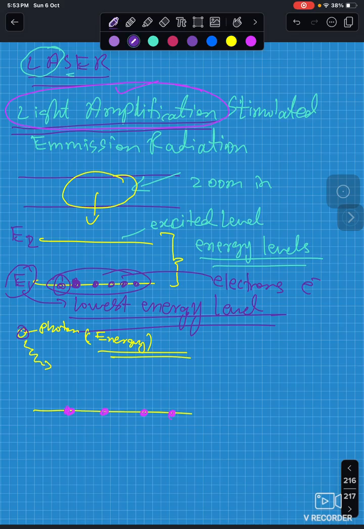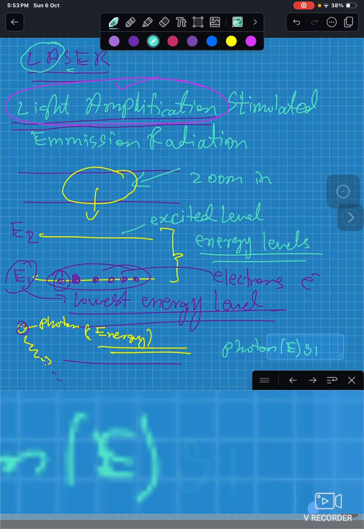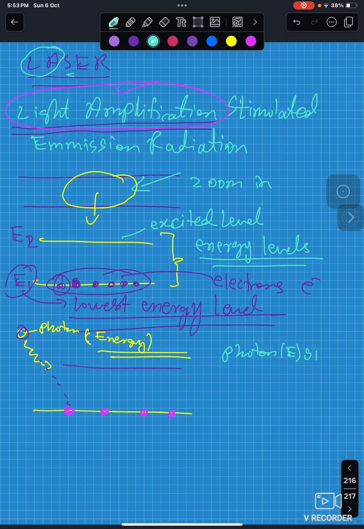Okay, what will happen is that the photon's energy will be given to the electron.